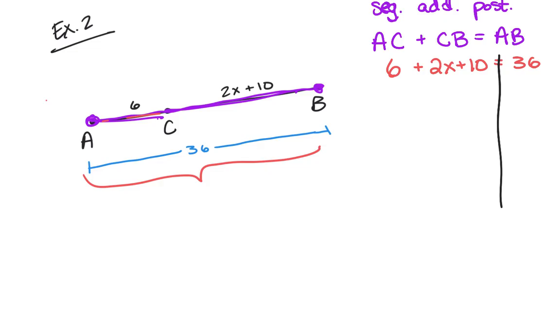The very first thing I would do is combine these like terms. When I have the same kind of terms, in this case the constants, on the same side of the equal sign, I need to combine those. So we'll call that positive 16, right? So I have 16 plus 2x equals 36.